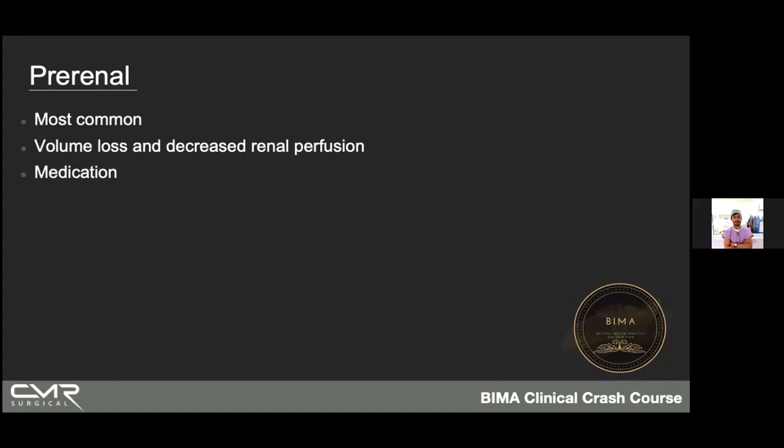By volume loss, this can be anything from diarrhea, vomiting, all the way to cutaneous burns and things like that, as well as hemorrhages. So that's volume loss. And then in terms of decreased renal perfusion, no rewards for guessing this, but hypovolemia, or patients with heart failure or shock as well, can suffer from decreased renal perfusion causing the AKI.